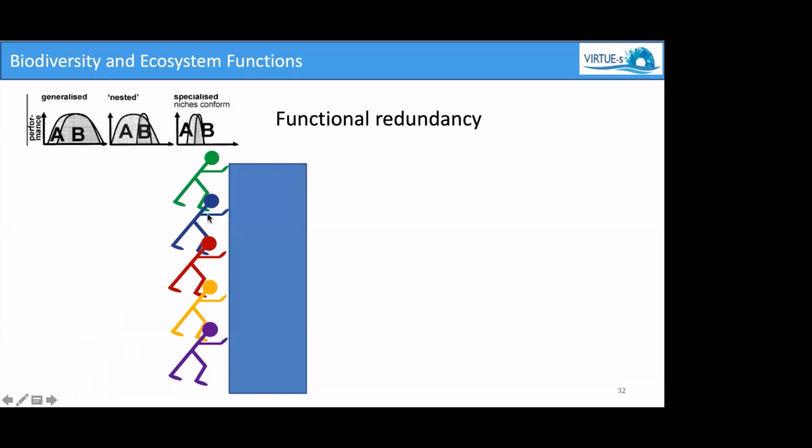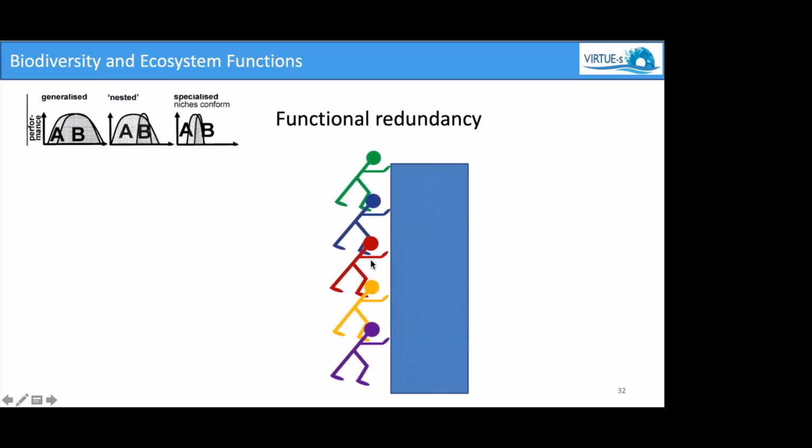I have here 1, 2, 3, 4, 5, 6 species which are performing the same function. In this example, all these species are helping together to move this block, that is the function, from left to right. So all of them are doing the same function. They are redundant, actually. But again, I have to point out that not all the species will be contributing equally, but they have equivalent effects on this function.